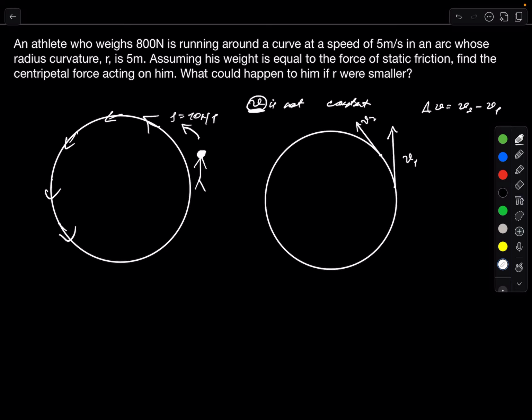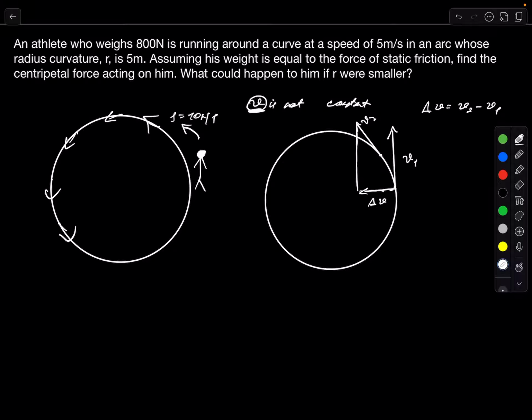And to subtract vectors, we simply need to connect them tip to tail and find the magnitude of this line. So we're gonna add it right here. It's vertical. Maybe it seems like it's a little tilted, but I did my best to draw it vertically. And this is going to be our delta V in this direction.